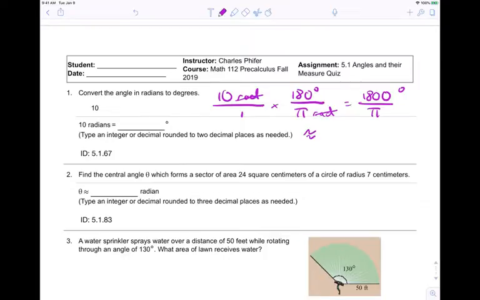So then it says rounded to 2 decimal places. So what is that? 572.96. What is the units? Degrees. All right. Okay. So now let's glance at it.